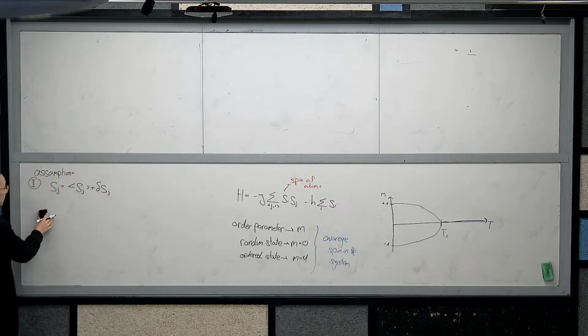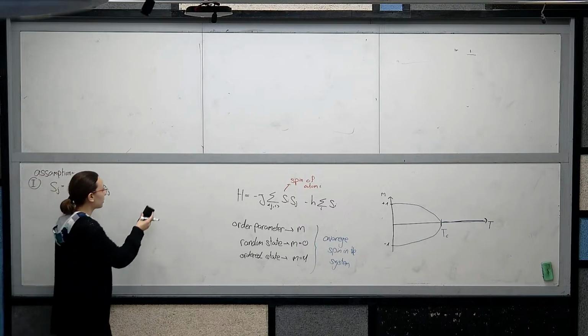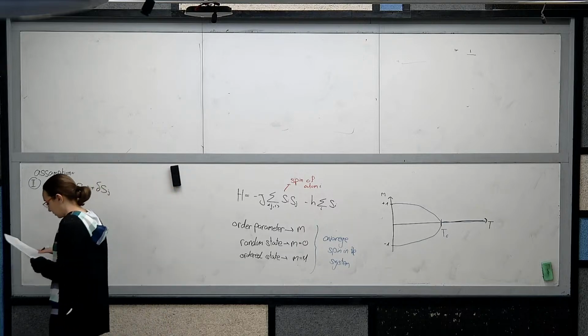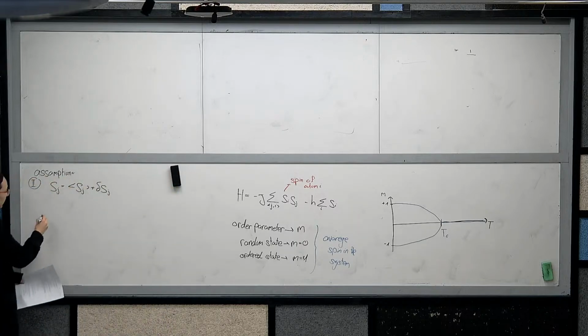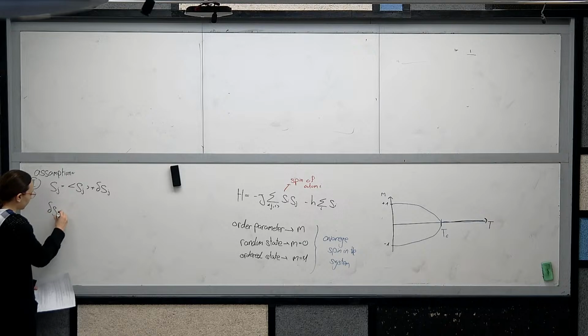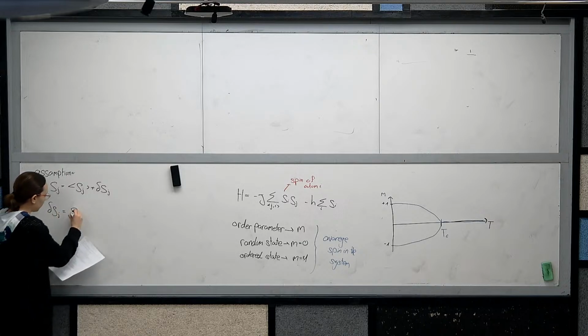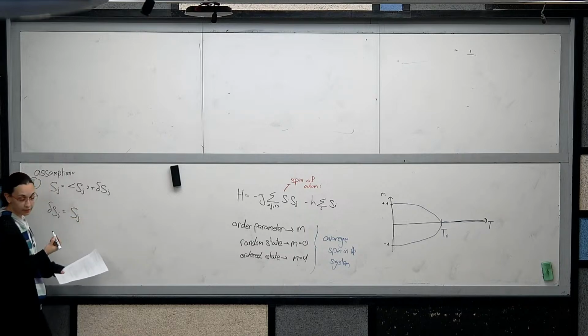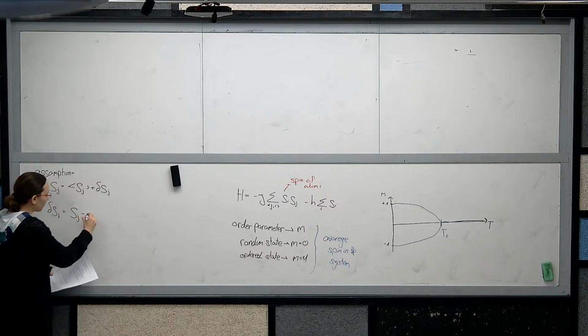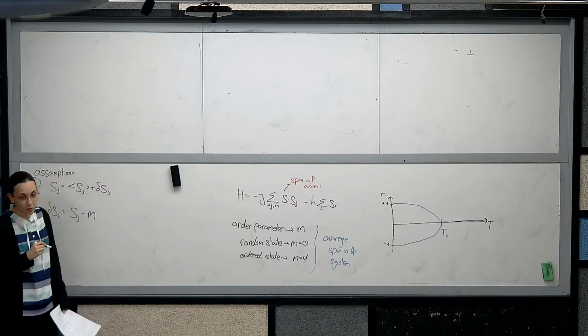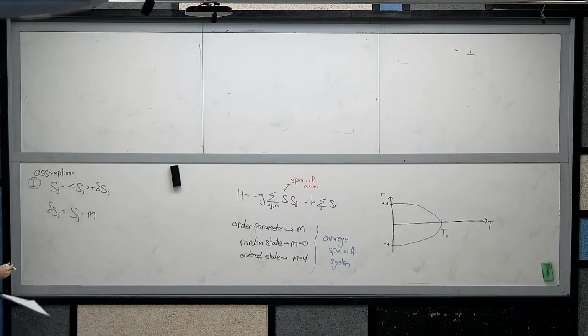We're assuming that there are only small changes from the average spin. This small change, we can write as the real value of the spin minus the average spin of the system, the order parameter.